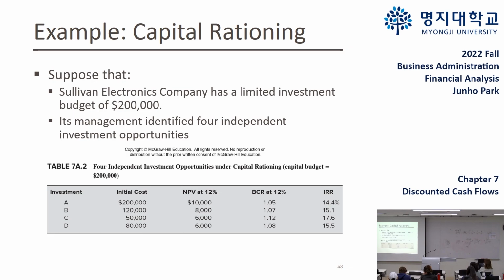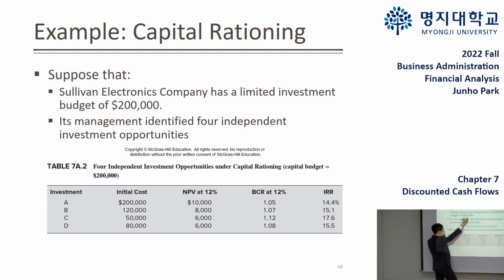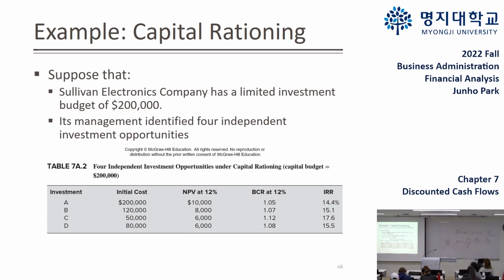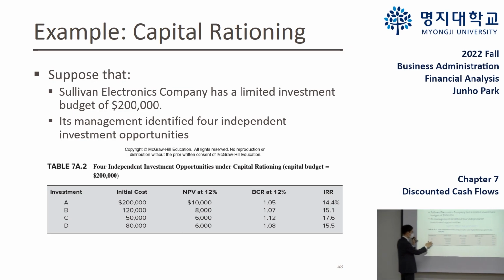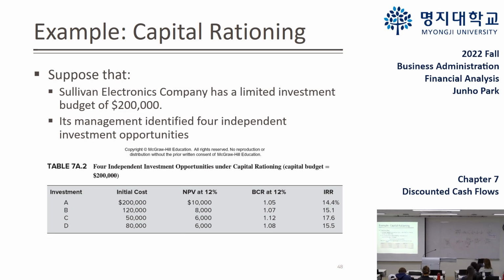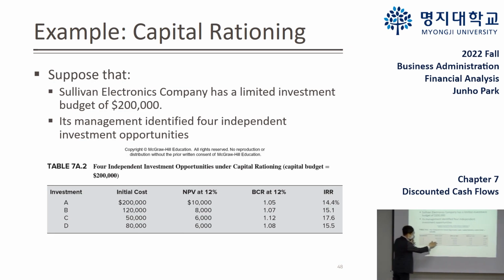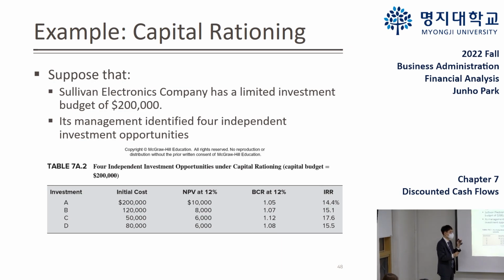On the other hand, if we choose B, we spend $120,000 first. However, because we had $200,000, we still have $80,000 in hand. Although we cannot have A, we can have C or D with B. Therefore, we have a combination of B plus C or B plus D. If we choose C first, we spend $50,000, which means I have $150,000 in my pocket.